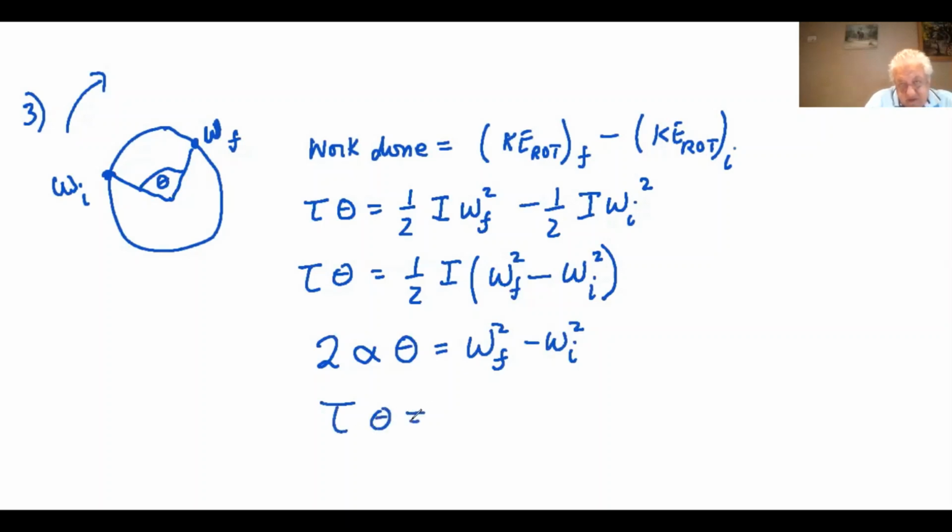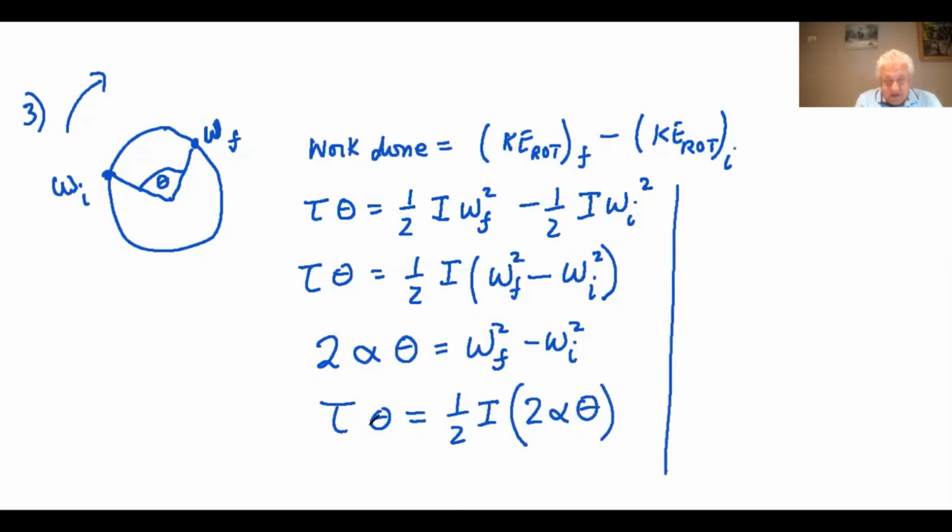So I have tau theta equals a half I, substitute the stuff in brackets, 2 alpha theta. Now you can see that my thetas are going to cancel, and my 2's cancel, so what I'm left with is tau equals I alpha.